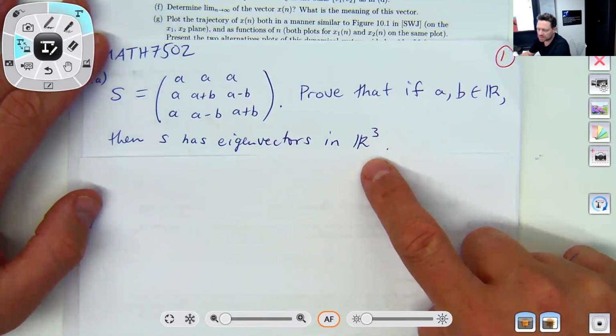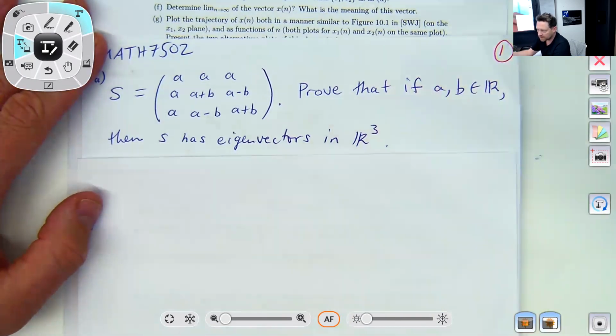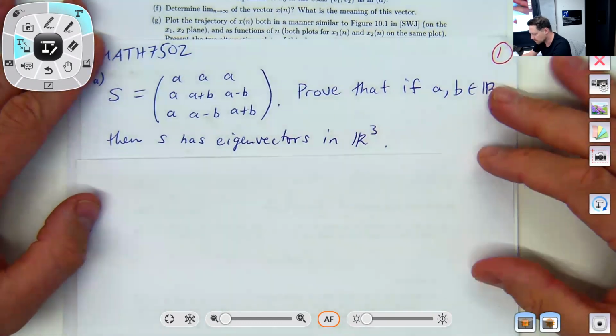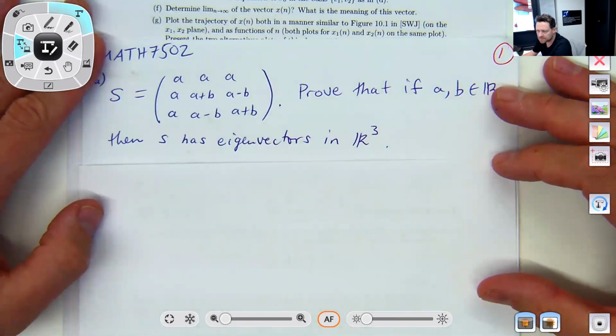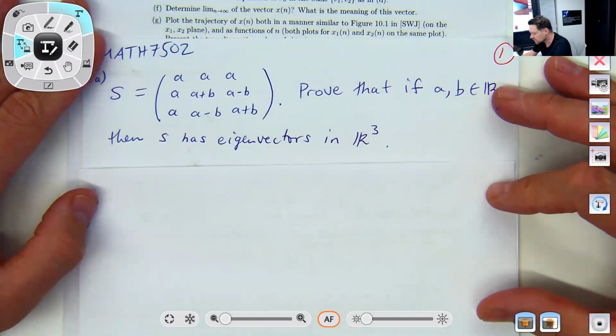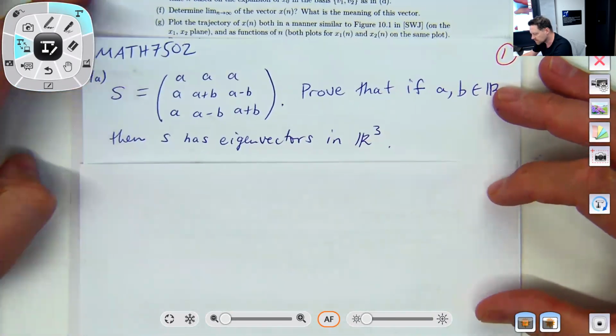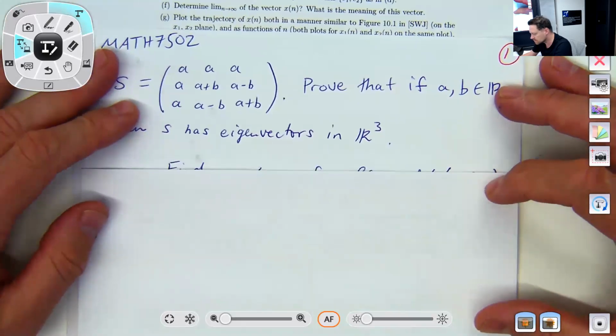But this can be scaled back to be a real eigenvector because we can factor out the i and have 1, 1, 1. And what I'm going to do here is just give you a few hints or things to think about along the way, because I really want to avoid doing this question since I've probably done too many questions in too much detail for you, because it's an assignment.